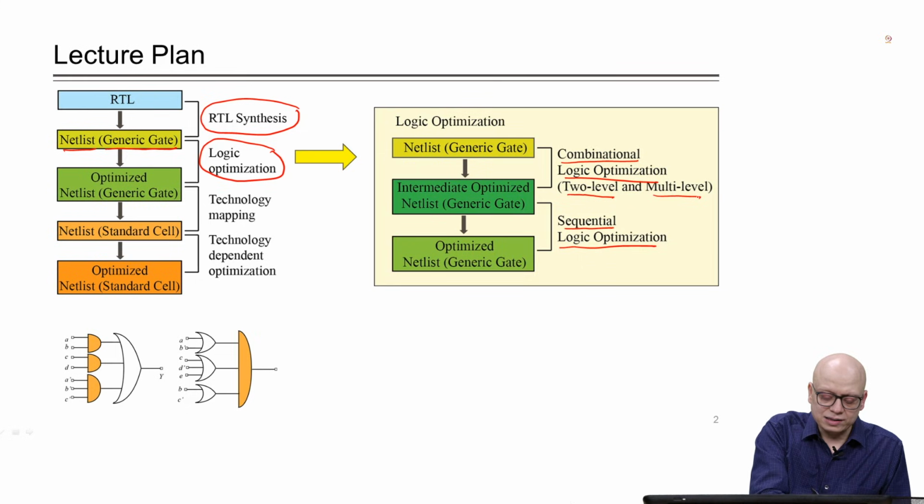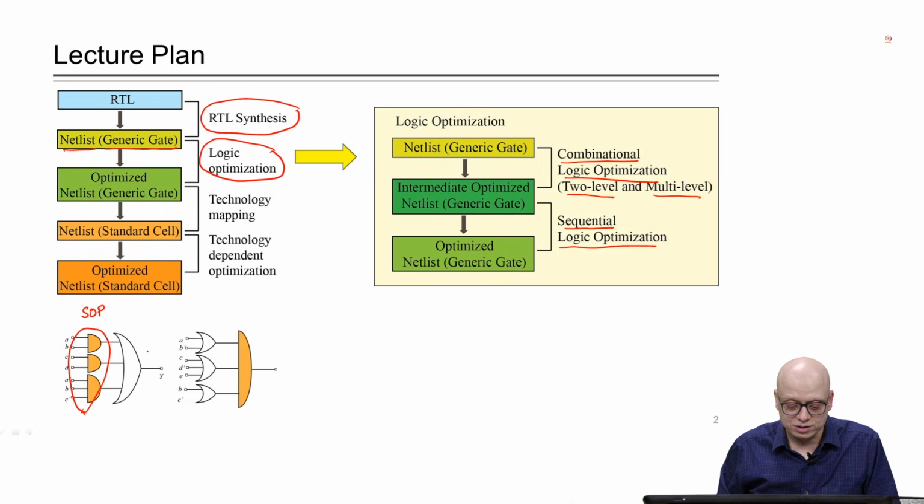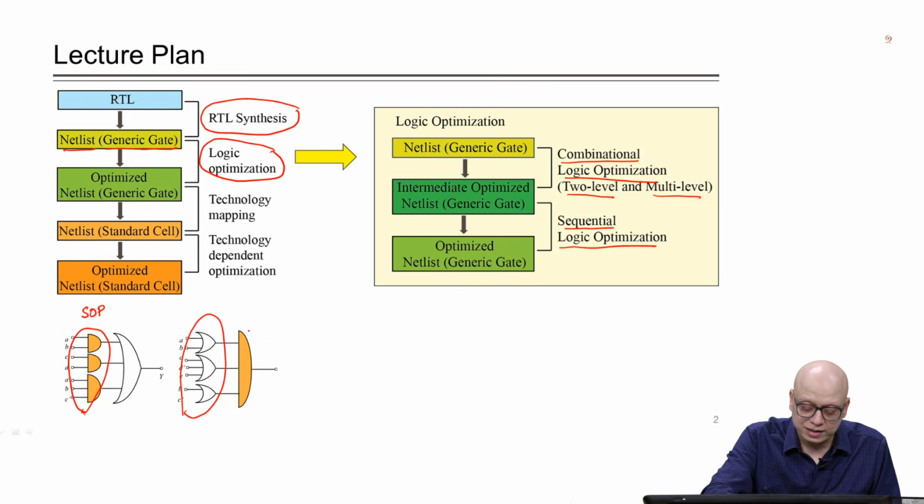It can be either sum of product form, so we have all the products and then we take the sum of it, or it can be product of sum form, where we have the sums and we take the product.